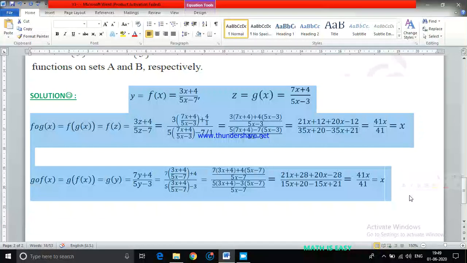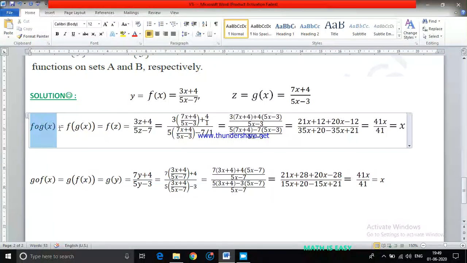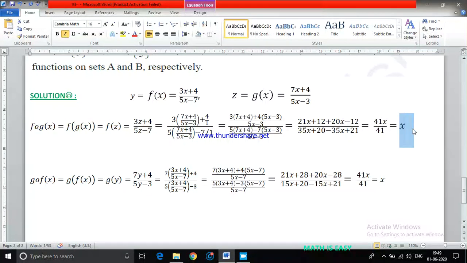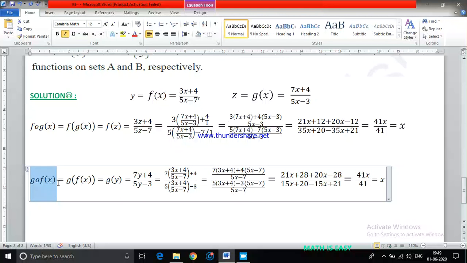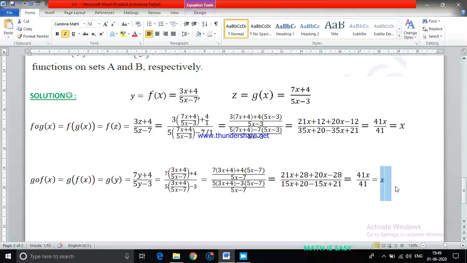If you are able to prove FOG of x is equal to x, as I proved in this question, and GOF of x is also equal to x, if these two are proved, then f is an invertible function, g is also an invertible function. What do you mean by invertible? Inverse exists. And f is the inverse of g, or you can say g is the inverse of f.